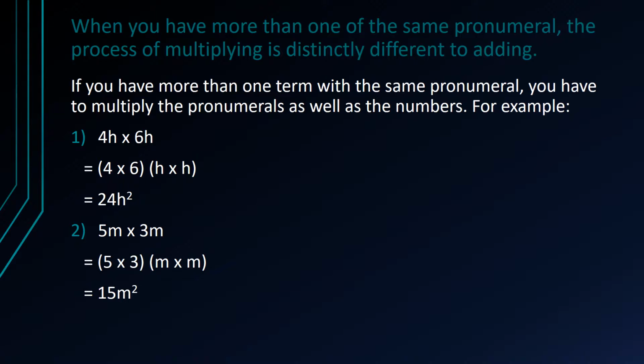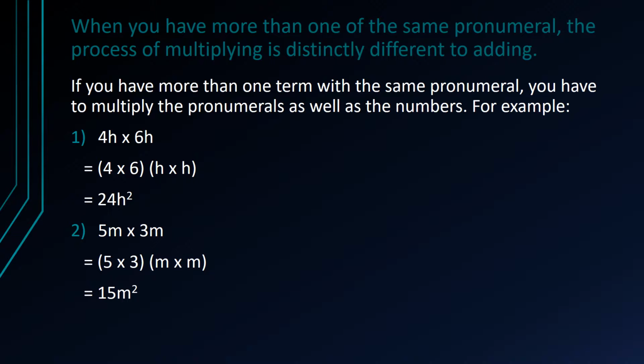So when you have more than one of the same pronumeral, the process of multiplying is distinctly different to adding. If you have more than one term with the same pronumeral, you have to multiply the pronumerals as well as the numbers. For example, 4h times 6h, you've got the 4 times the 6, and then you've also got the h times the h.